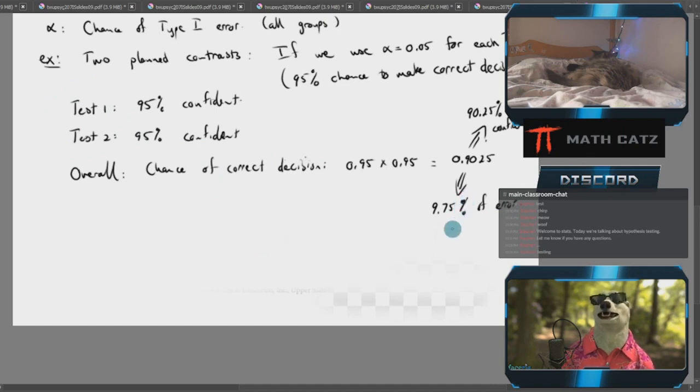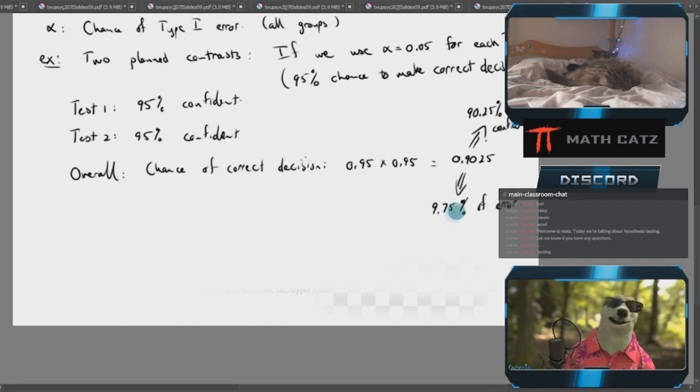So there is a real danger in taking the original alpha for repeated tests. And that is that my chance of making a mistake in a conclusion somewhere actually increases. Now, it's not quite additive. I don't add 5% plus 5% plus 5% every time, but it's very close, actually.